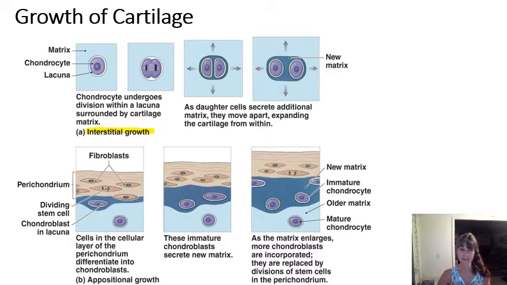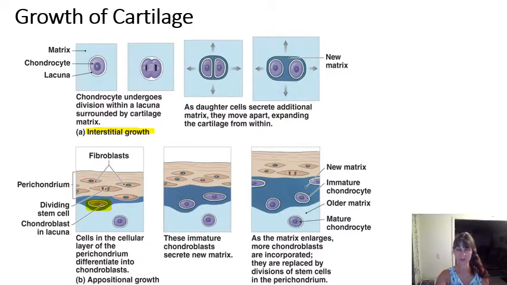Those dividing stem cells in the perichondrium will differentiate to become chondroblasts on the outside of the cartilage. Those chondroblasts will secrete cartilaginous matrix around themselves.